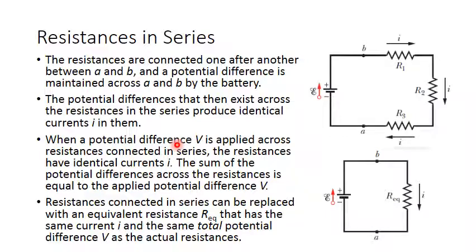When a potential difference V is applied across resistances connected in series, the resistances carry an identical current I. The sum of the potential differences across the resistances is equal to the applied potential difference V. The total potential difference across the three resistances equals the potential difference of the EMF source, V. Resistances connected in series can be replaced with an equivalent resistance R equivalent that has the same current I and the same total potential difference V as the actual resistances.